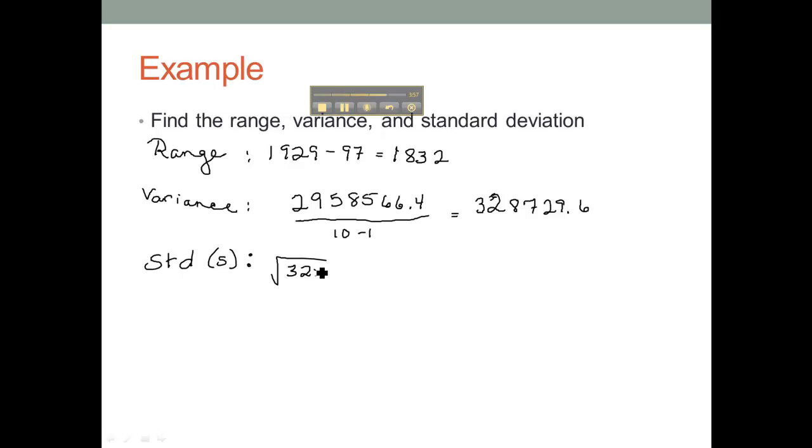So 328,729.6, square root, equals 573.35 million cases. That is the standard deviation of this data set.